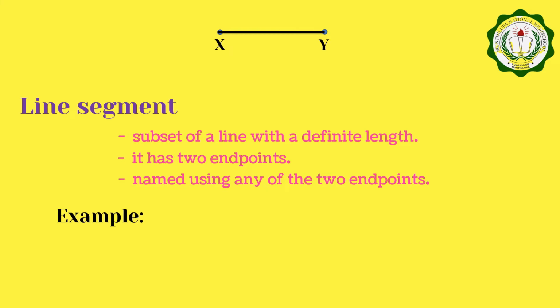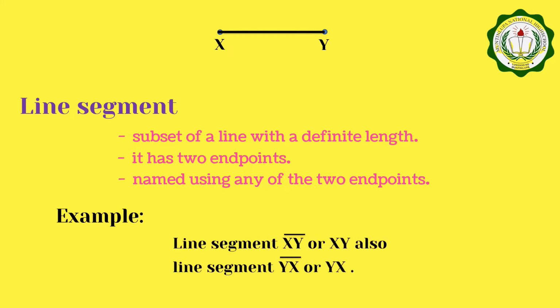In this example, this is named as line segment XY or XY. Or we can also name this as line segment YX or YX. So, rays and line segments are subsets of a line.